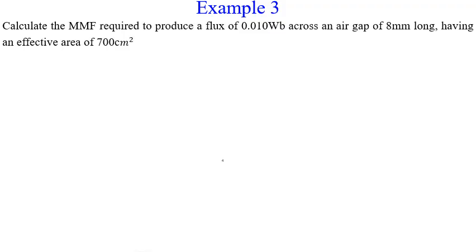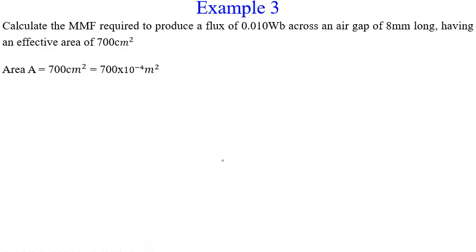Our next question says, calculate the magnetomotive force required to produce a flux of 0.01 Weber across an air gap of 8 millimeters long, having an effective area of 700 centimeters squared. So we have to convert all the areas to the appropriate units before we can use them in our calculation.